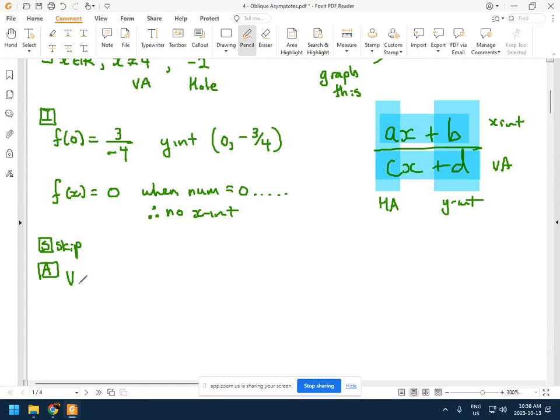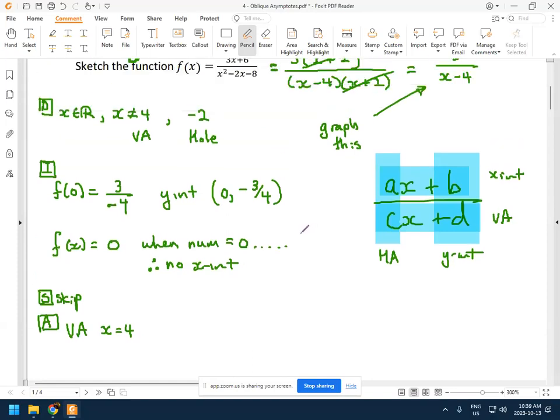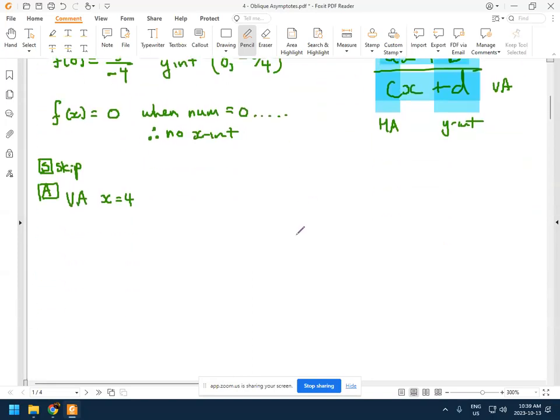Asymptotes. The vertical asymptote is 4. And in this question, my horizontal asymptote will be 0. We'll test it after. Testing. Limit as x goes to 4 from the left side of the function.